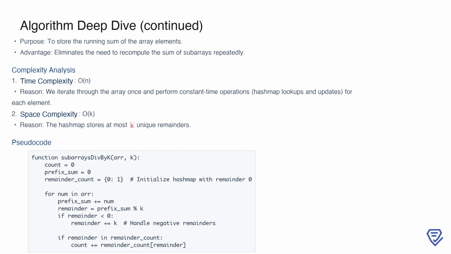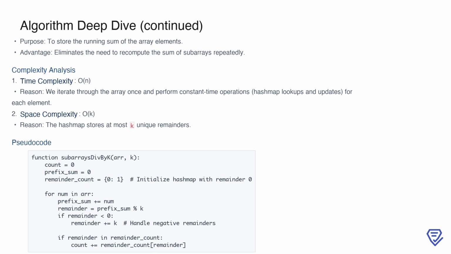Together, these components enable the optimized algorithm to achieve a time complexity of O(n), as we traverse the array only once and perform constant time operations for each element. The space complexity is O(k), since the hash map stores at most k unique remainders. This makes the algorithm highly scalable for large input arrays.